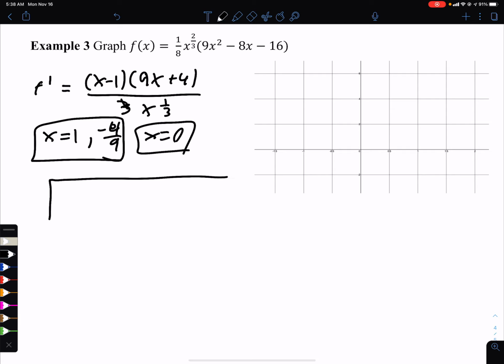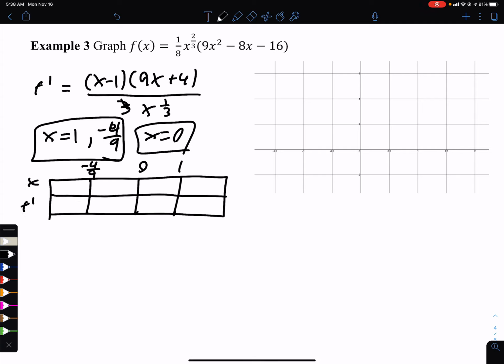And by now you know, you check around those critical points to see what's happening with relative maxes, relative mins, increasing, decreasing. And I'm going to pick some points here, negative 1, negative 0.1, 1/2, and 2.